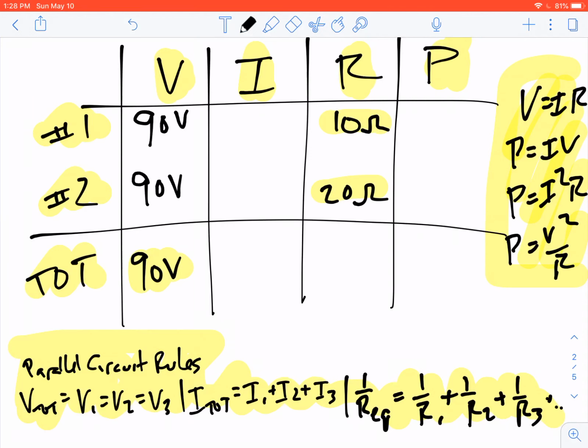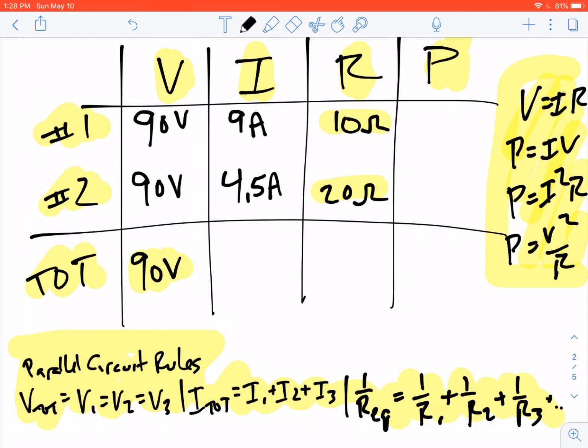Then I can use Ohm's law, V equals IR, to solve for the currents in each of the individual resistors. I've got a 90 volt potential difference and a 10 ohm resistor, so I've got 9 amps going through resistor 1, and I've got a 20 ohm resistor for resistor 2, so I've got 4.5 amps going through resistor 2.